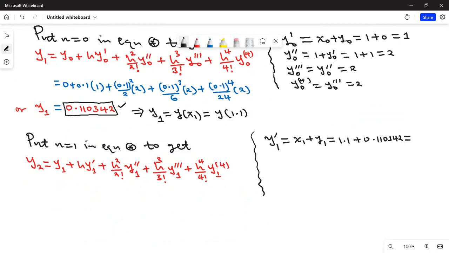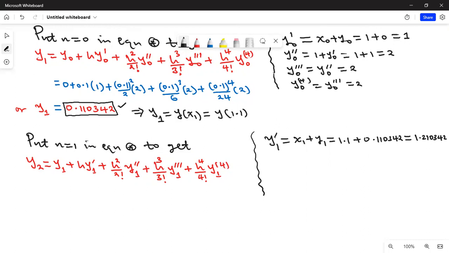And if you press this in your calculator, that should give you y1 prime as 1.210342.